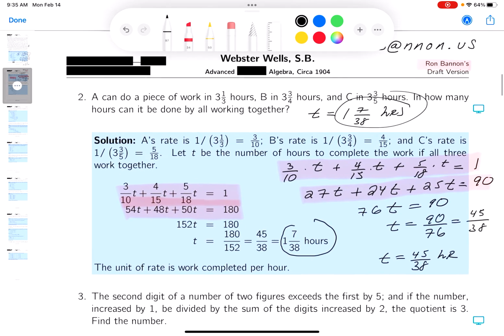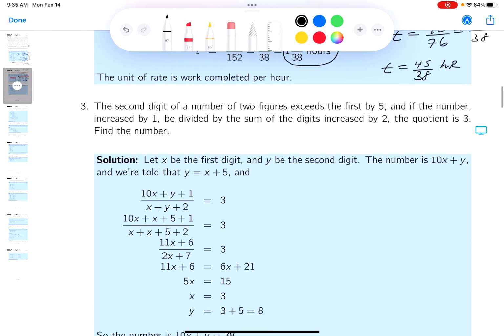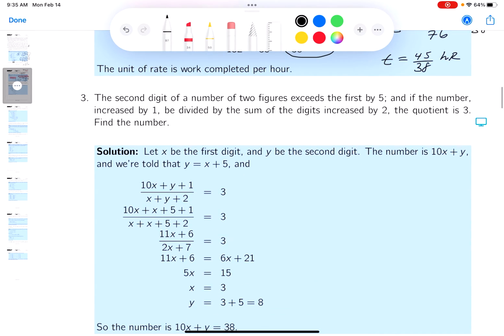All right, what am I going to do now? I'm going to do problem number 3. Reading the problem, it says the second digit of a number of 2 figures. If there's a 2-digit number, this is called the first digit, and this is called the second digit.